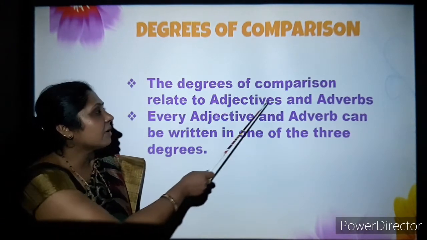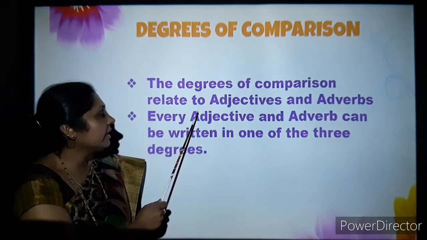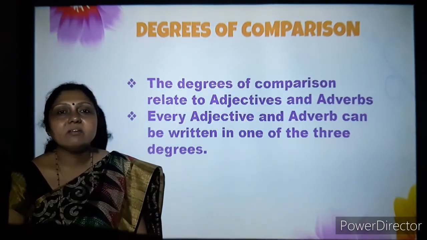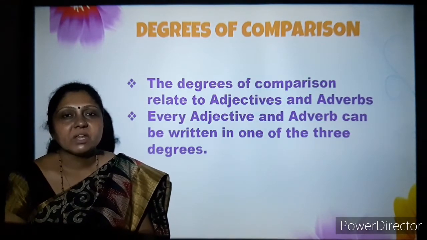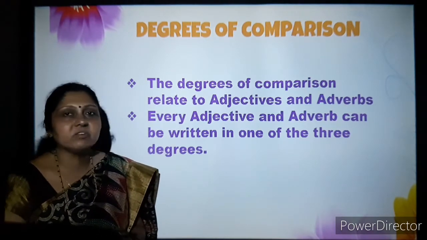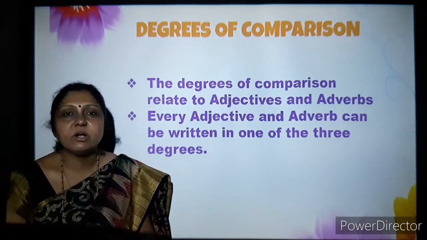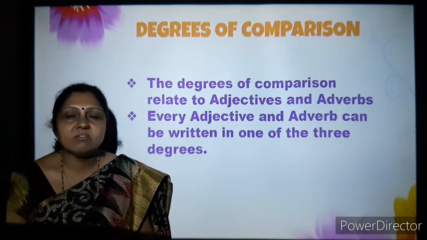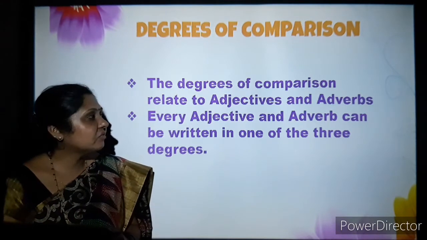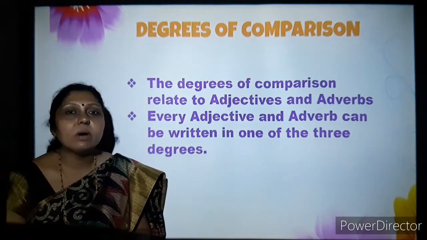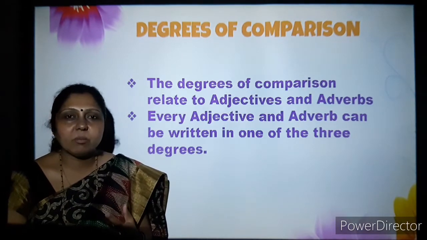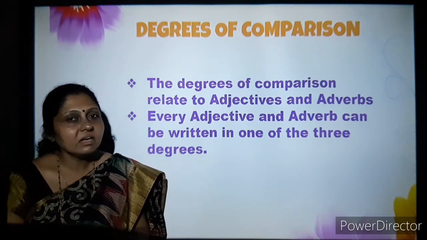The degrees of comparison relate to adjectives and adverbs. So when you do the comparison, mainly it relates to adjectives and adverbs. Why is it? Because adjectives always qualify the nouns and adverbs are used to qualify the verbs, or they describe the nouns and the verbs.